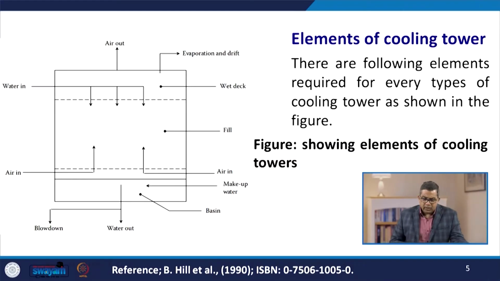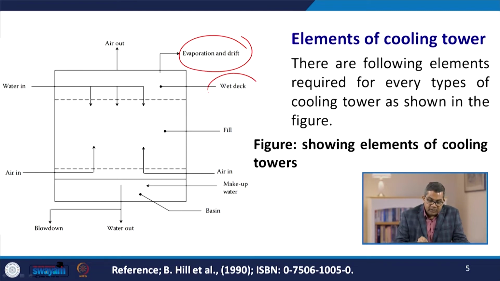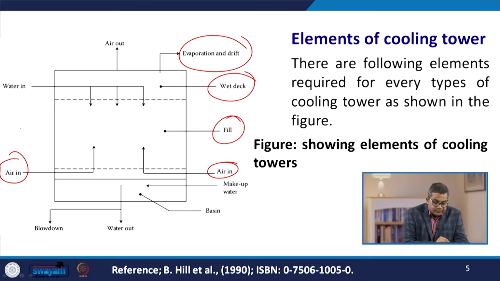When we talk about the various elements of a cooling tower, there are different elements required for every type of cooling tower. In this particular figure, we must have evaporation and drift. Apart from this, one must have a wet deck filling, because it is supported by air, so an air inlet must be there.